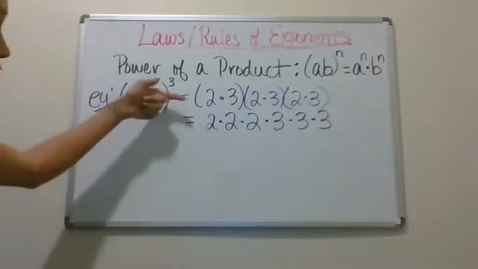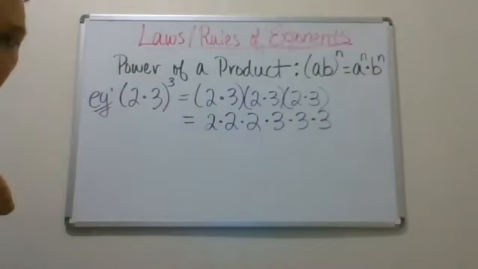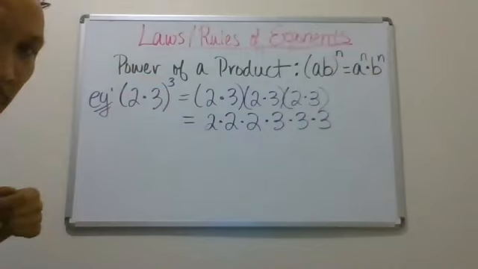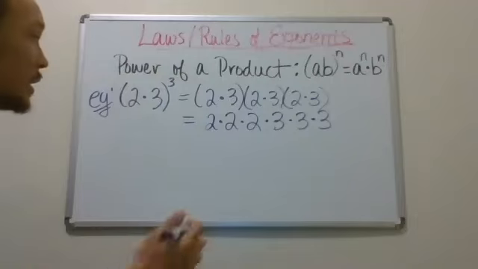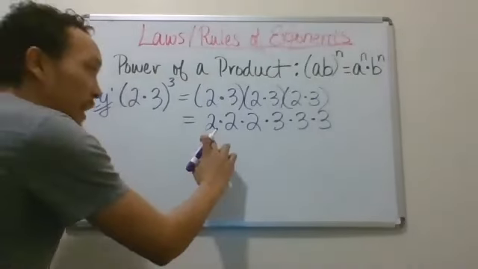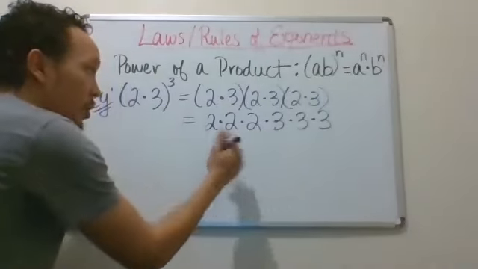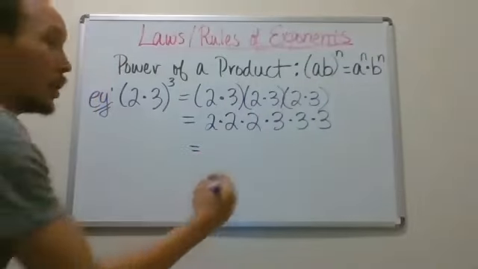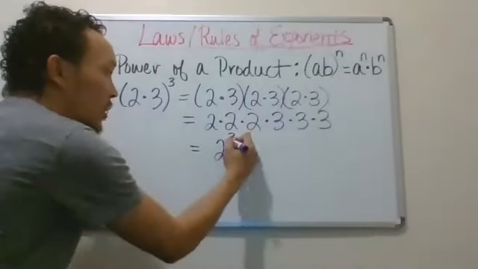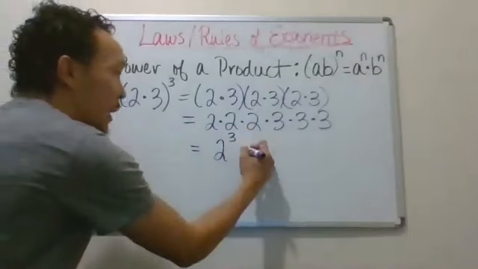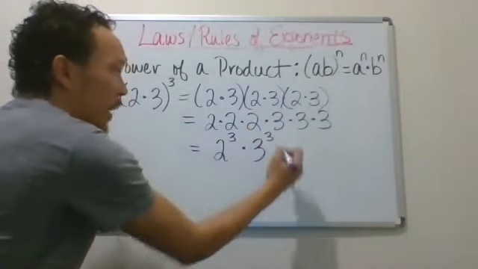Any questions about how I went from here to here? All right, so now we can go from expanded form to condensed form, which will give me 2 to the third power times 3 to the third power.